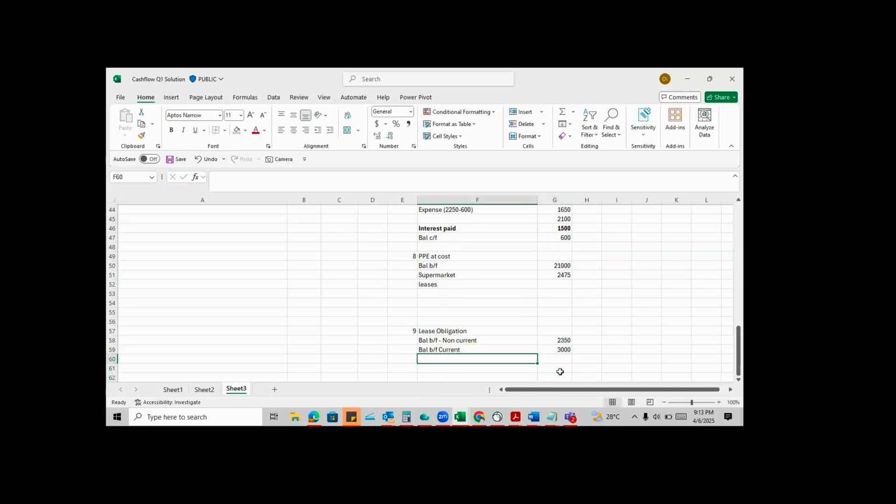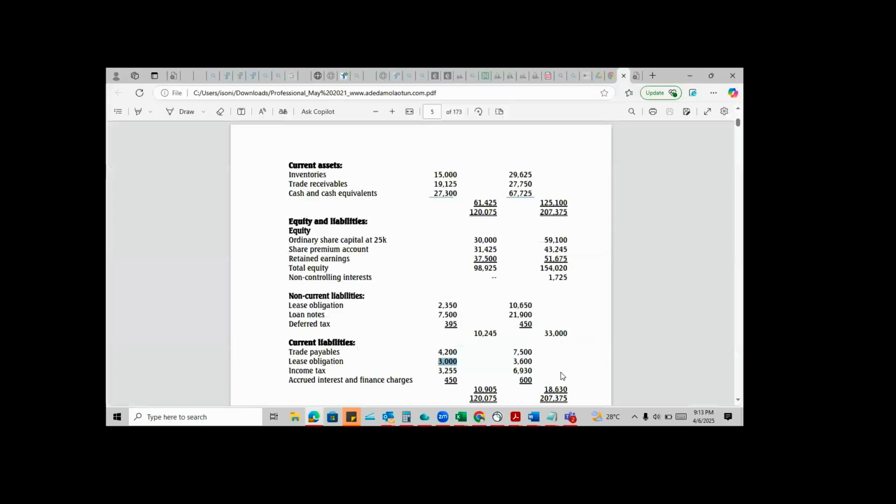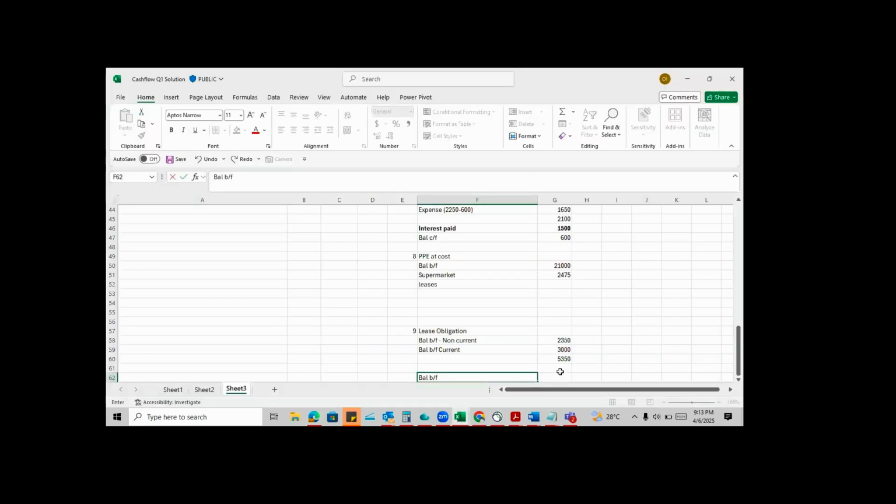Now, at the end of the year, this balance brought forward was totaling 5,350. Now, balance brought forward by the end of the year, we had 10,650, and then we had 3,600.